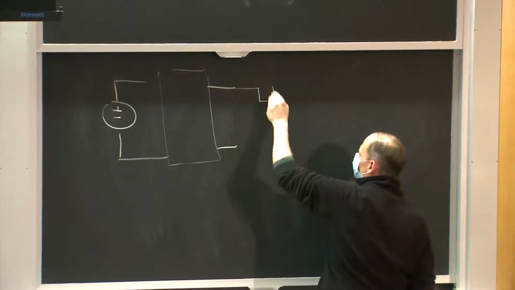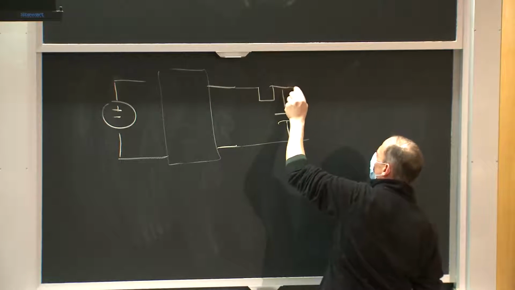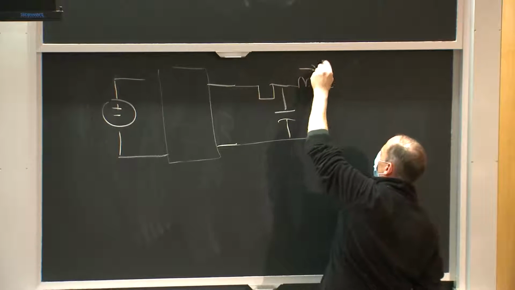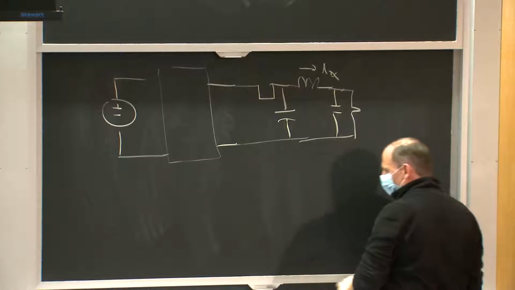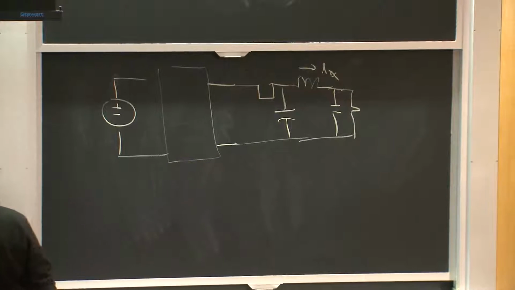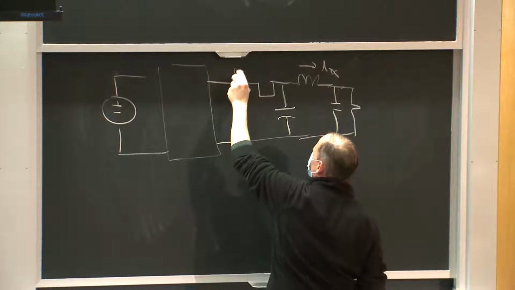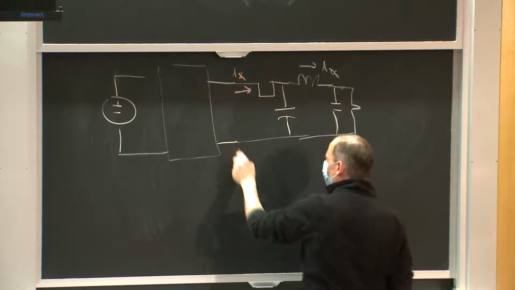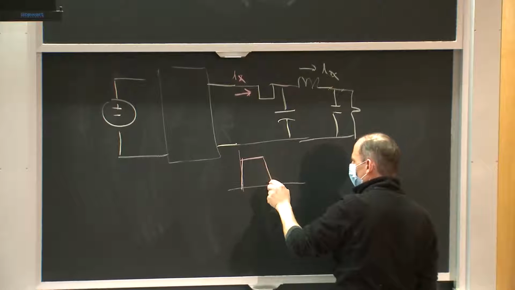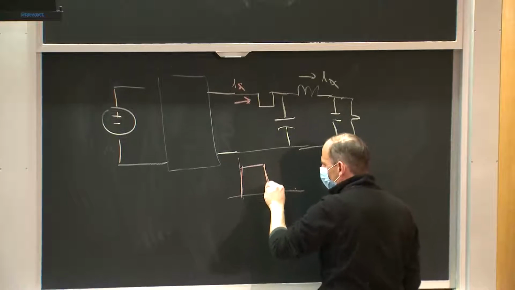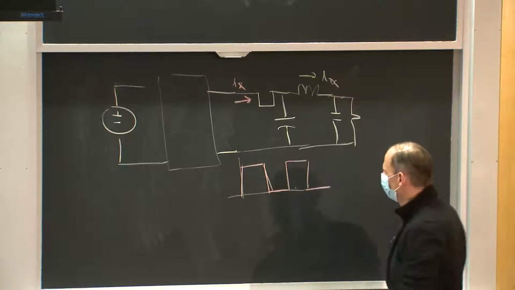But in a buck converter, and the input filter, maybe I consider the input capacitor too. Let me just think of this as sort of I_DC, okay? If I were to look at this current that I'm drawing through the input switch, I'll call that I_X, it is more or less a square wave, right? It has some finite slope on it, but I'm looking at some kind of square wave with time.